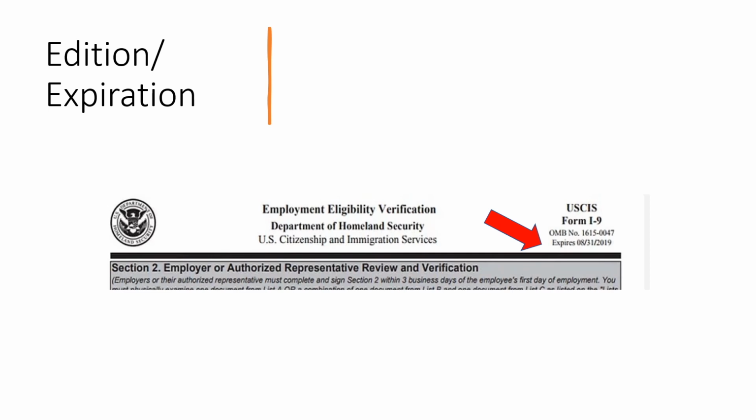So if you look at the top where the red arrow is, it shows you that that form expired August 31st, 2019. But yet the application still has forms from 2010. They have forms that expired in 2009. So someone has to keep up with those updated forms. So I encourage you to go over to the government website to make sure that you pull those new forms out and you document when those forms are going to expire so you can update your applications.